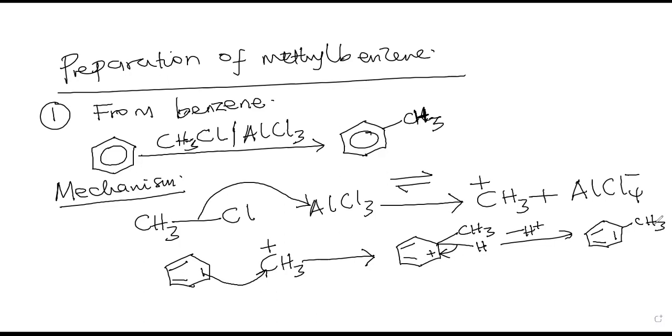The second method is from bromobenzene, and that is what you call the Fittig's reaction. That is the first method. I guess this is okay because the second video shows how we were coming up to this extent. So now we are going to look at it from bromobenzene.